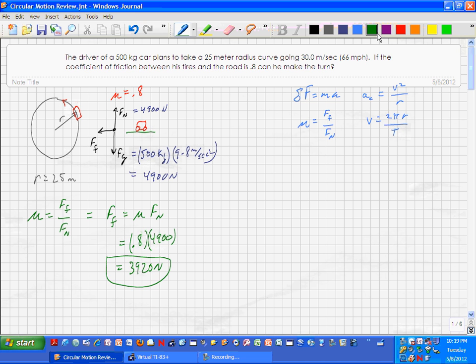So the acceleration in this case is v squared over r. The velocity is 30 meters per second, so it's going to be 30 meters per second squared over the radius, which is 25 meters.